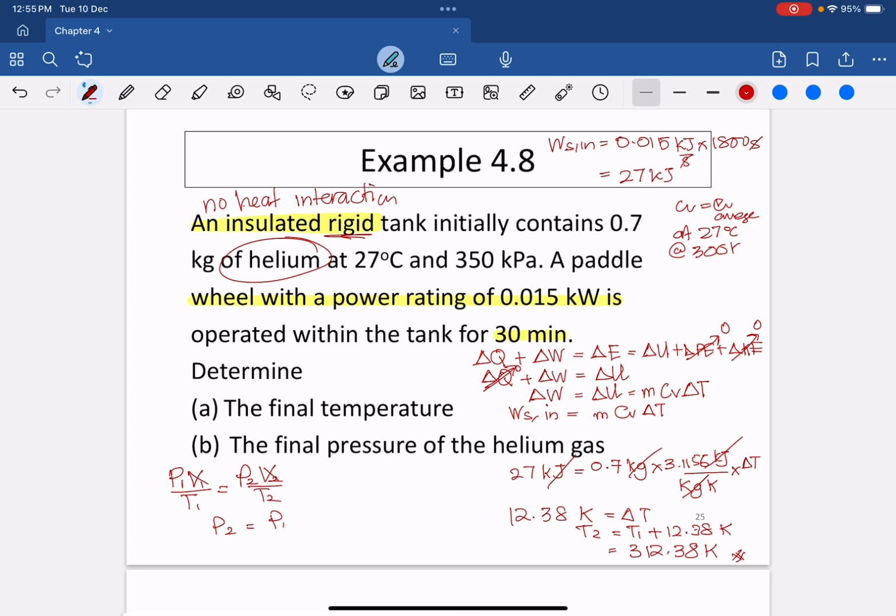P2 is P1 times T2 over T1, so 350 kilopascal times 312.38 over 300 Kelvin, which gives 351 kilopascal.